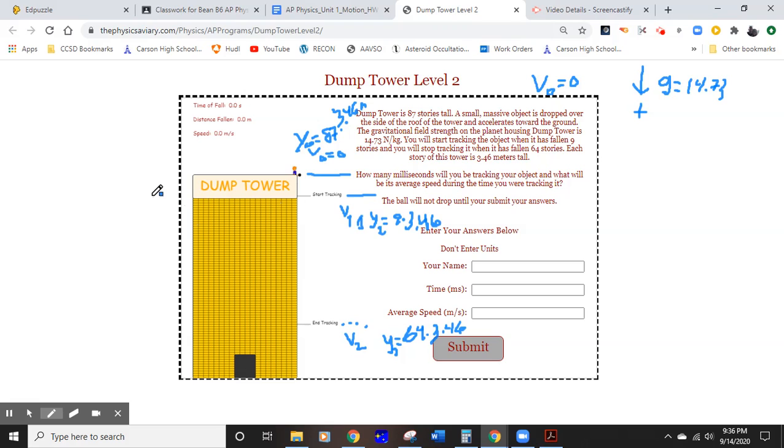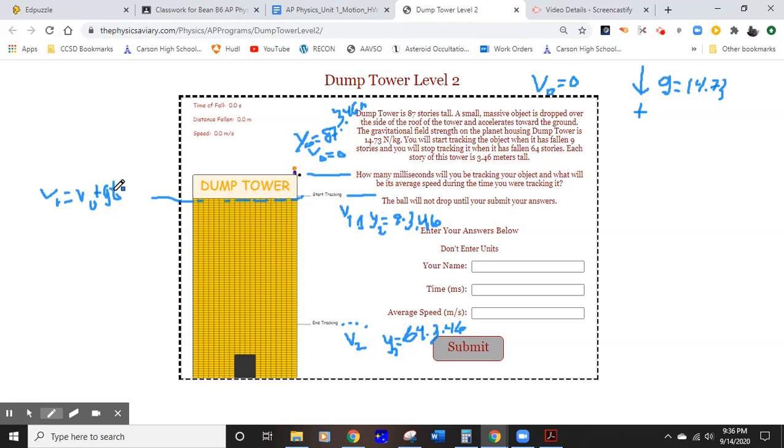What's V1? So we'll go over here and draw this line like this here. We're going to say V1 is going to equal whatever V0 is plus GT.